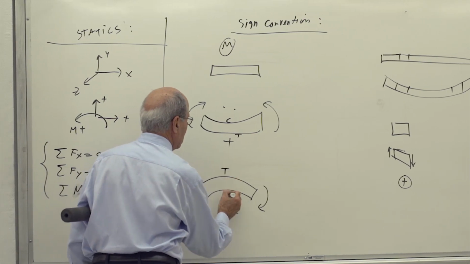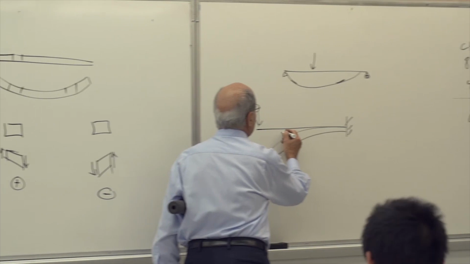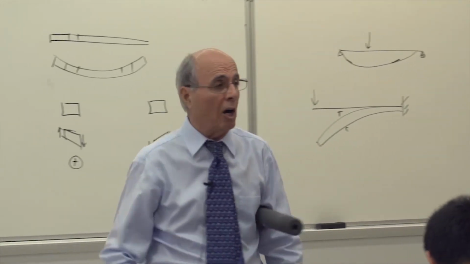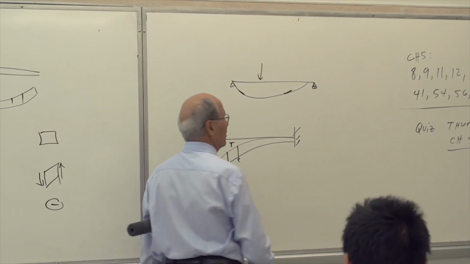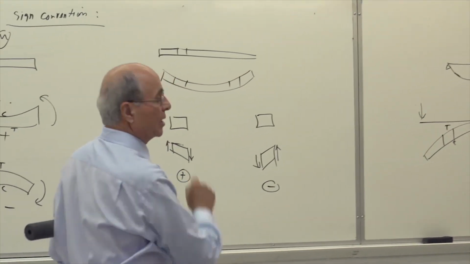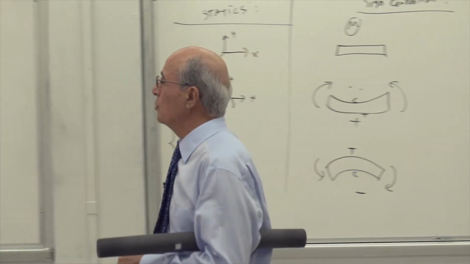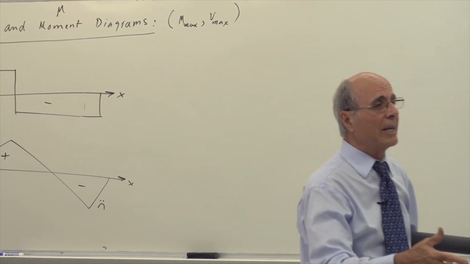Tension is on the top, compression is on the bottom. Therefore, it should be negative. How about the shear? The shear is going to be like that. Is it plus or minus? Minus, because the right-hand side is up. Everybody see what I'm talking about? So it is all related. Did you get that sign convention, which is explained in your handout?